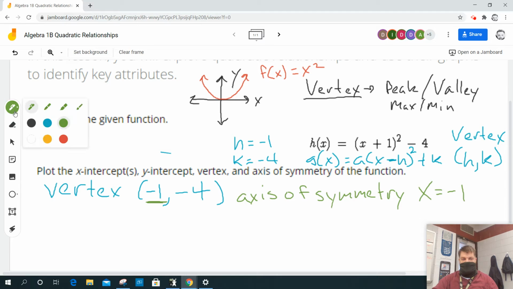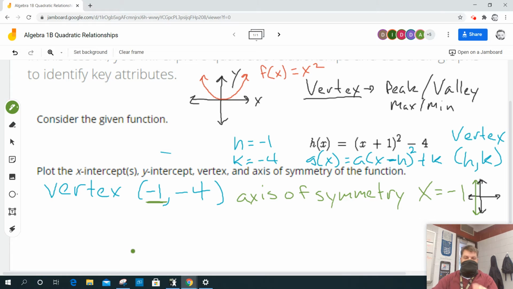Remember that when you graph x equals negative 1 on the xy plane, it's a vertical line. So this is the xy plane, and if I were to graph this, it's just a straight up and down line at x equals negative 1.